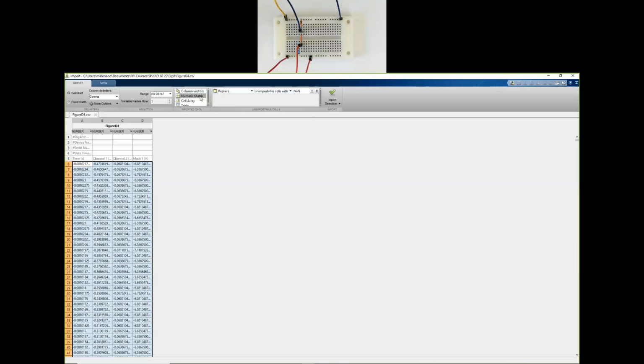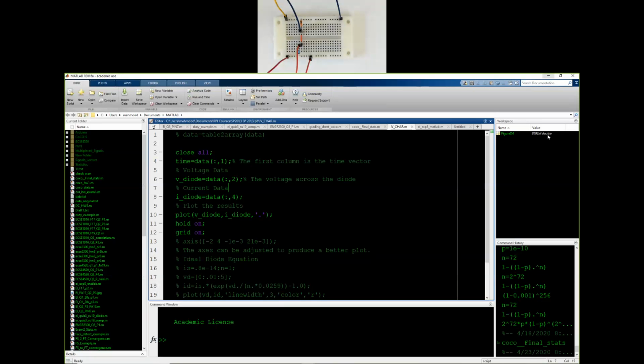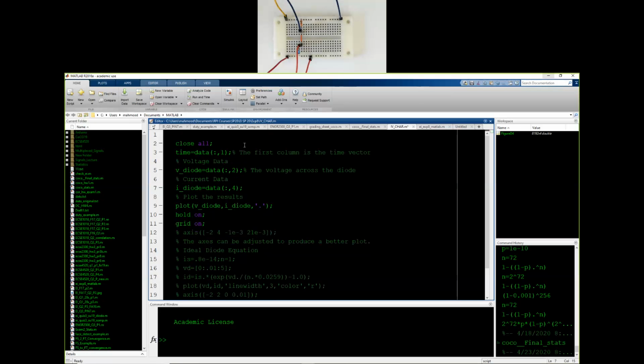Once I do that, it is going to start importing the data, and it has finished importing the data. So right now I have figure D4 as an 8192 by 4 matrix, and it is in the double format, so I don't need to do the table to array conversion, so I'm good with that.